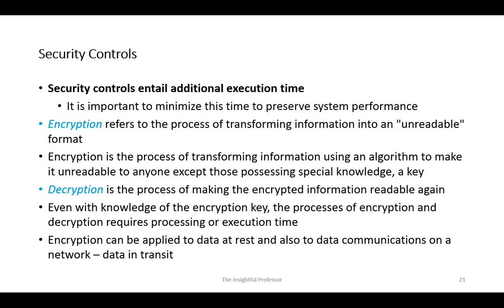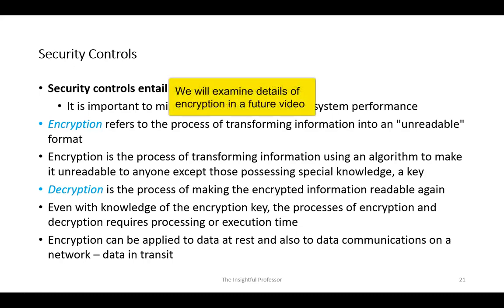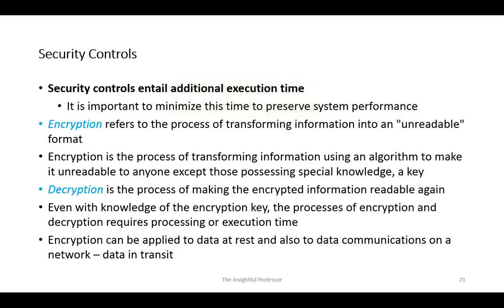When we talk about things like encryption, this refers to the process of transforming information into a disguised or unreadable format. So encryption is the process of transforming information using some algorithm to make it unreadable to anyone except those individuals that possess that special knowledge in the form of a key that controls the execution of the algorithm.